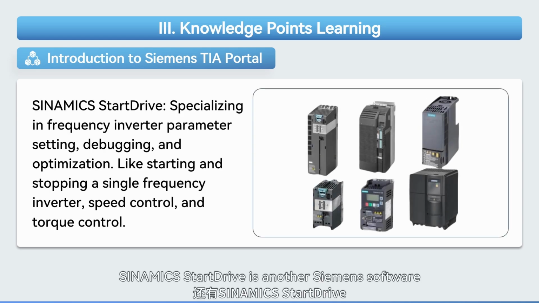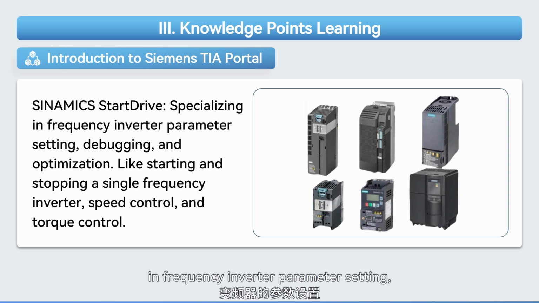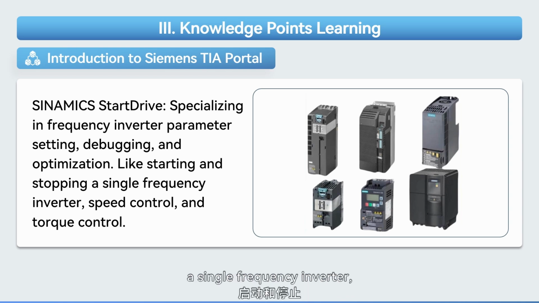SINAMICS Start Drive is another Siemens software focused on drive configuration and debugging, specializing in frequency inverter parameter setting, debugging, and optimization. It is suitable for simple drive control applications like starting and stopping a single frequency inverter, speed control, and torque control.